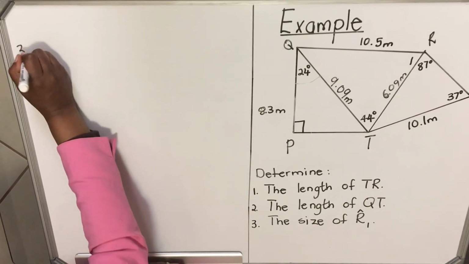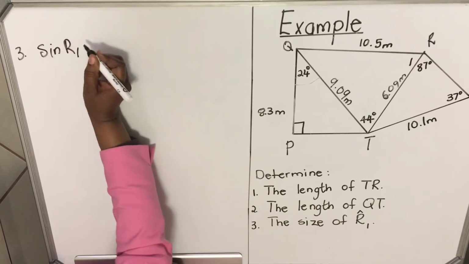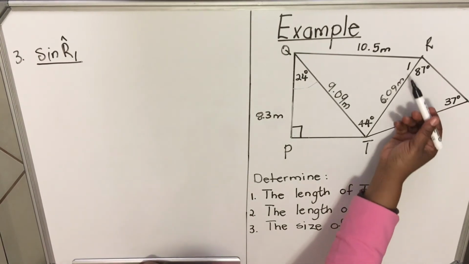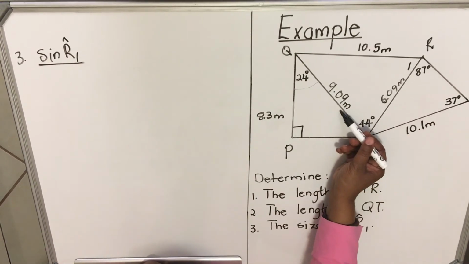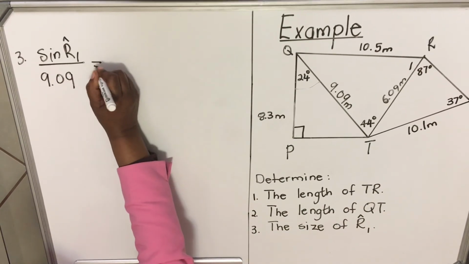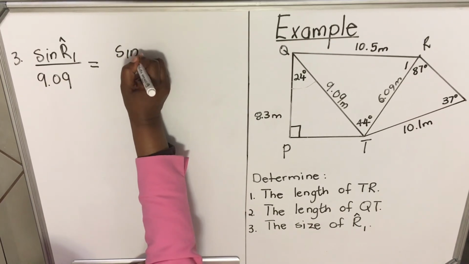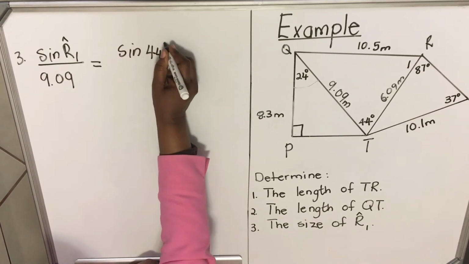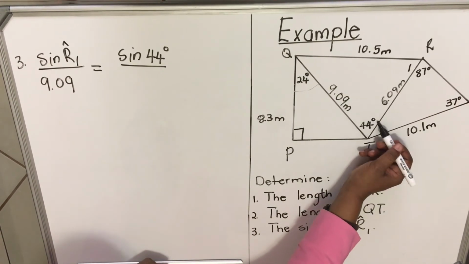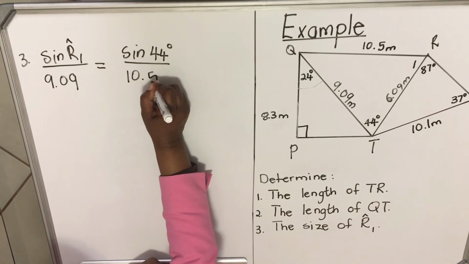So I'm gonna say sine R1 over, which line is opposite R1? It's this one, 9.09, is equal to sine 44 degrees divided by this angle's opposite line, 10.5.